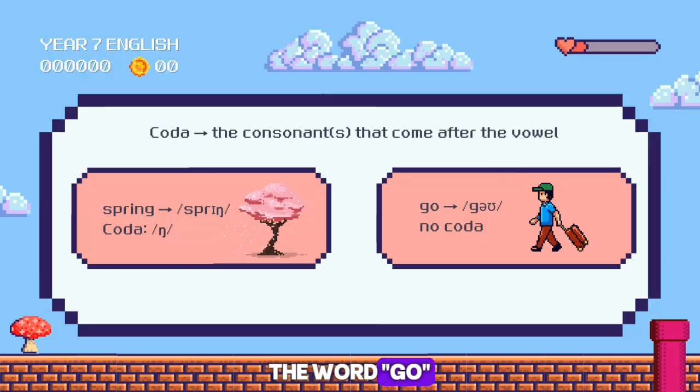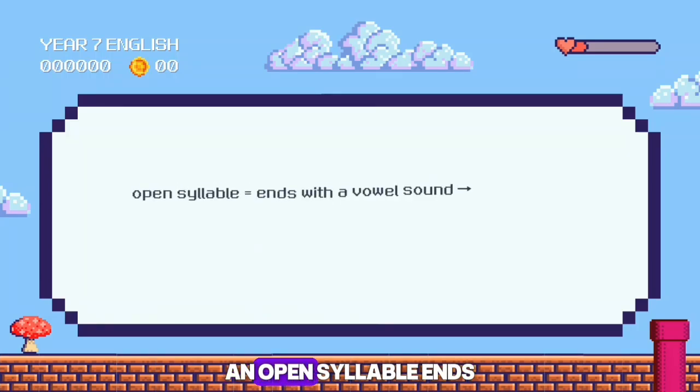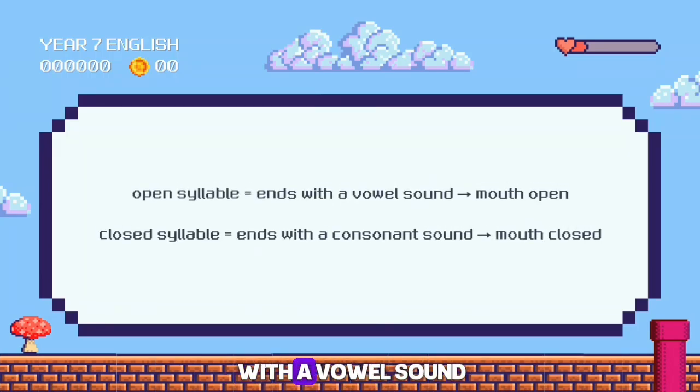The word go has no coda because it ends with the vowel sound o. Since there is no consonant after the vowel, it's an open syllable. So when we talk about open and closed syllables, we are talking about how a syllable ends. An open syllable ends with a vowel sound, which means there is no coda after the nucleus.